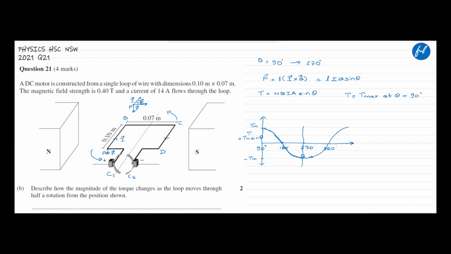Maybe I can label it also as B1 and B2. These are the conducting brushes. So at 1/4 of the rotation, the commutator will be positioned in such a way that C2 will get in contact with B1.